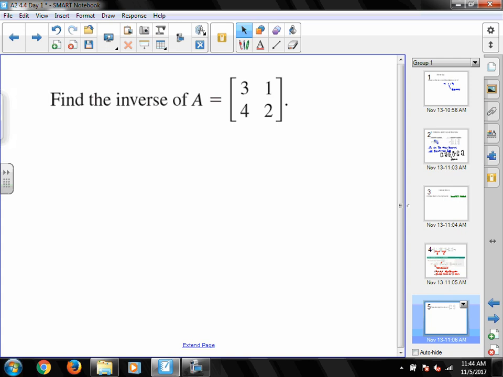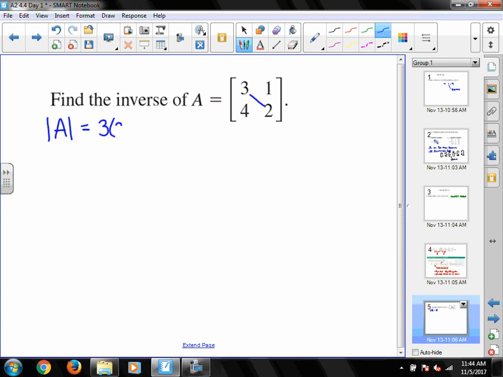If we're going to find the inverse of A, first thing, always find the determinant of A. Especially with 2x2s, these go pretty quick. Multiply your 3 by 2 minus 4 times 1. So you're going to end up with 6 minus 4 or 2.